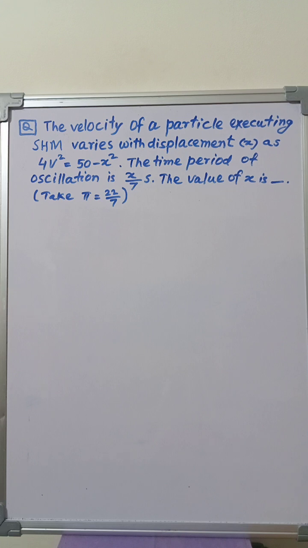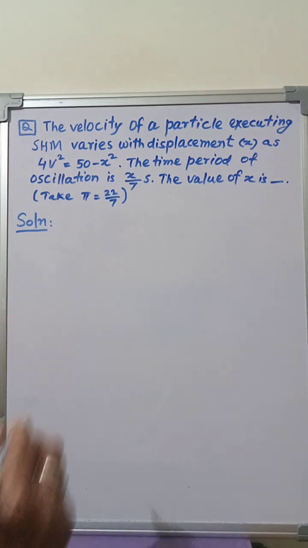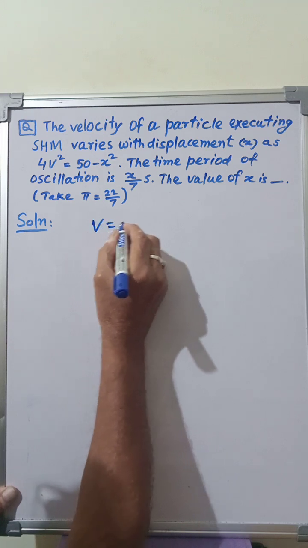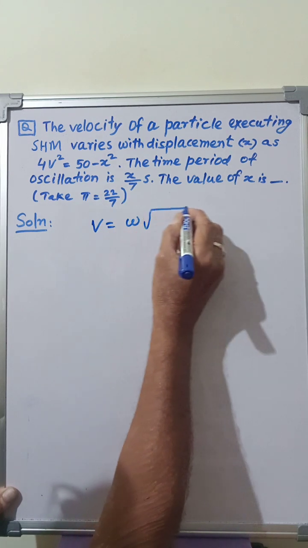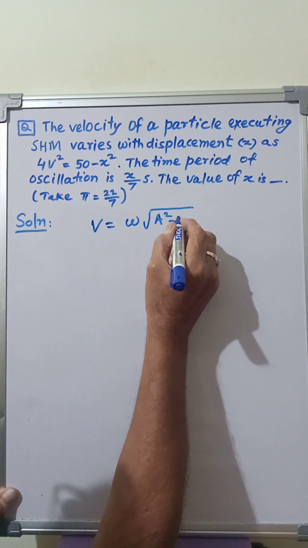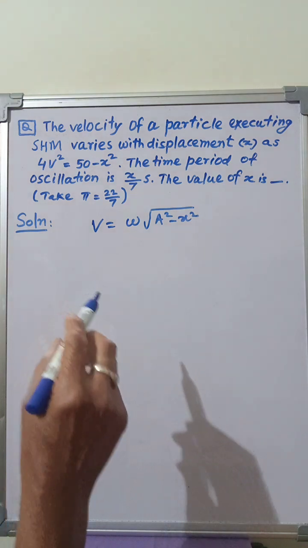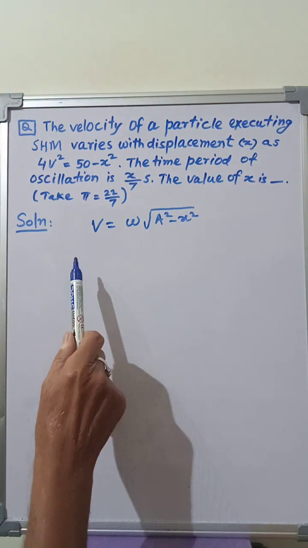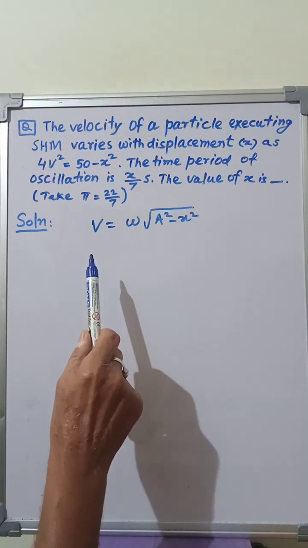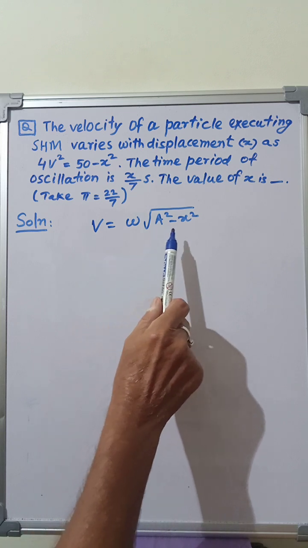Now for the solution. To solve this problem, we will be using the relation v is equal to omega root over a square minus x square, where omega is the angular frequency of SHM, a is its amplitude, and v is the velocity of the oscillations when the displacement is x.